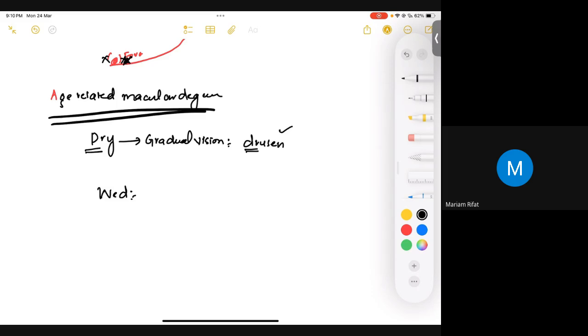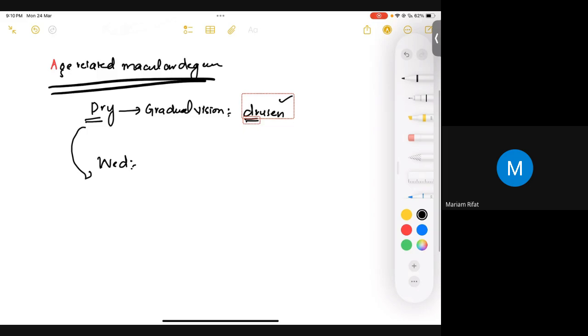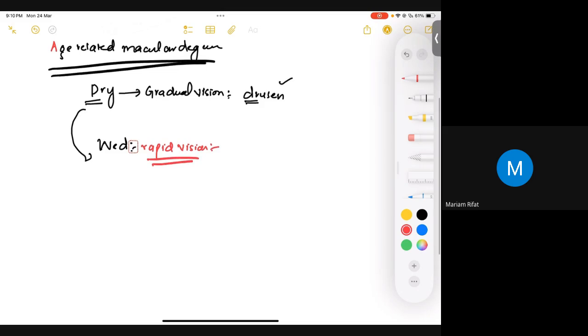Sometimes this dry variant of age-related macular degeneration can go into the wet variant. In this variant of the disease, we are going to have rapid vision loss. Why do we call it wet, and why rapid vision loss? Whenever we have drusen formation there, it leads to ischemia or hypoxia.